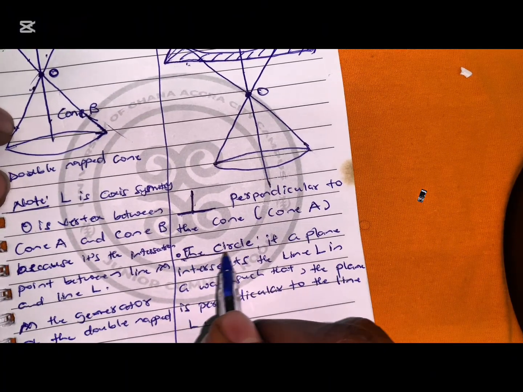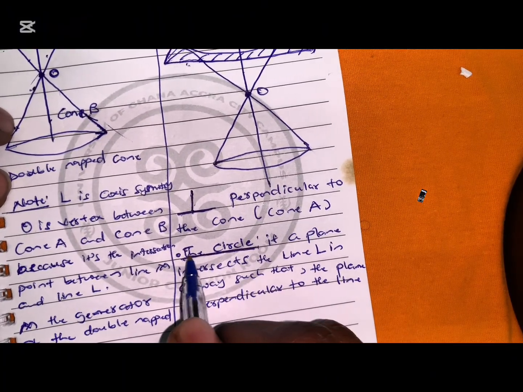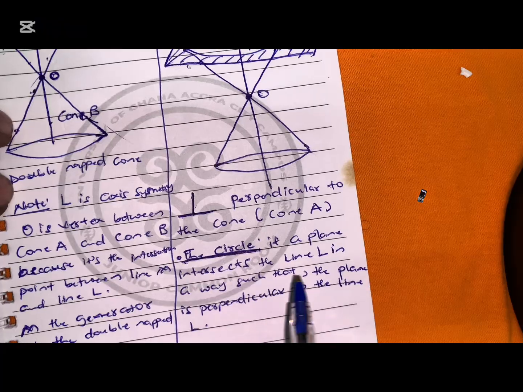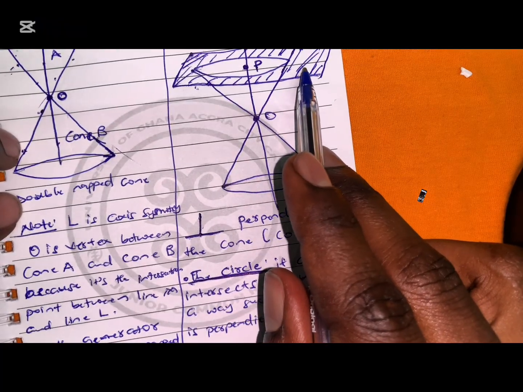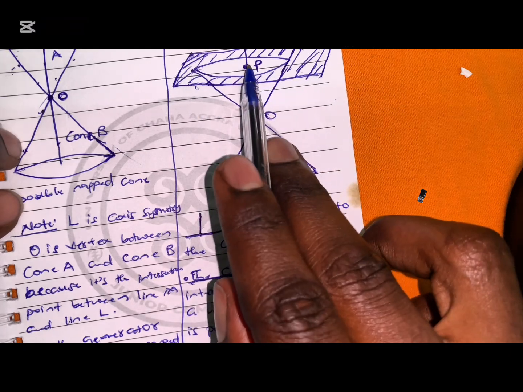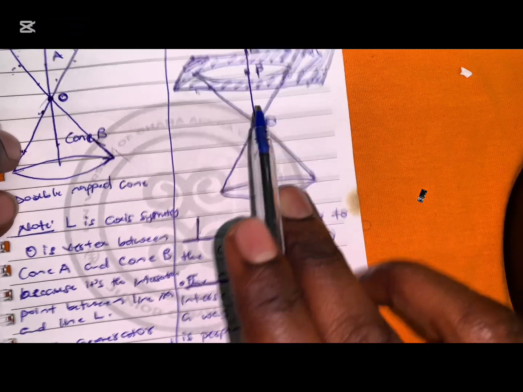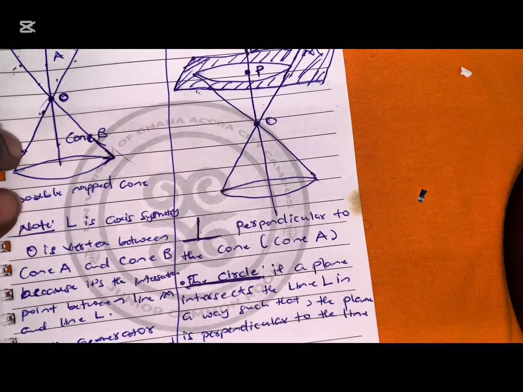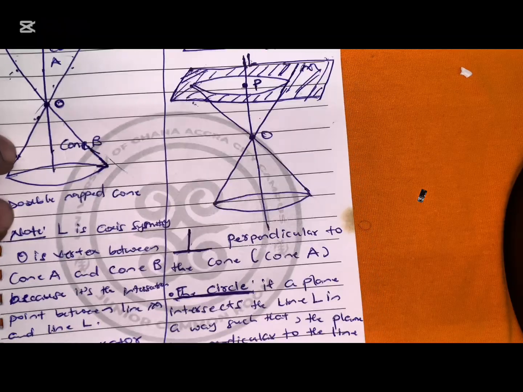The circle. Right? Good. And that forms when what? The plane, which is our plane D, cuts the cone or intersects with line L in a way that it is perpendicular to line L. I'll say it again.